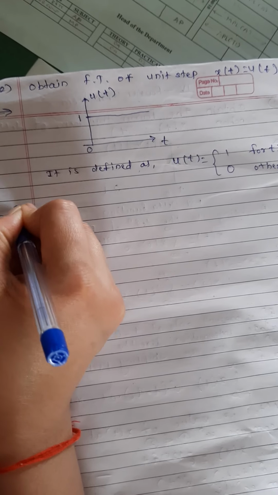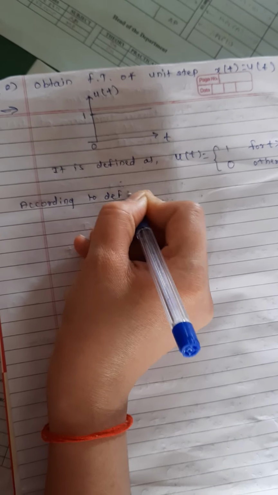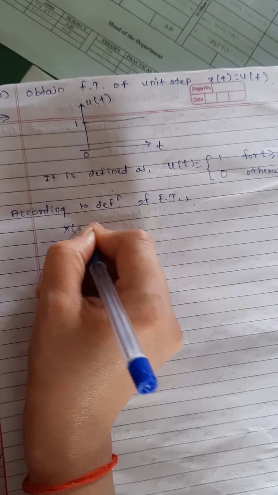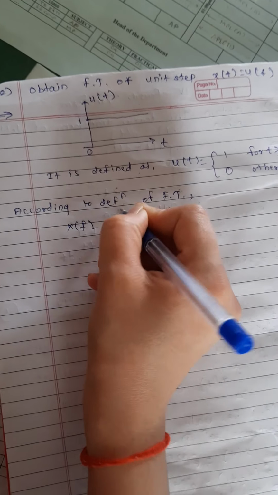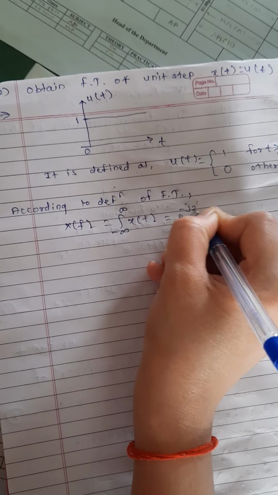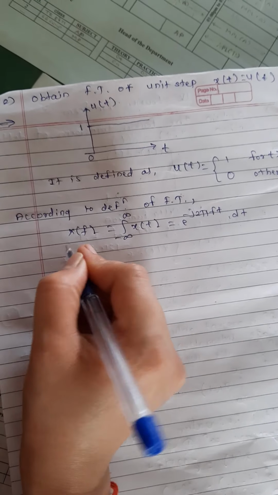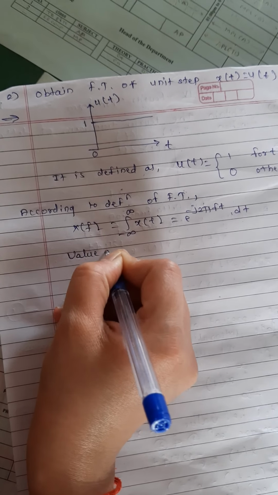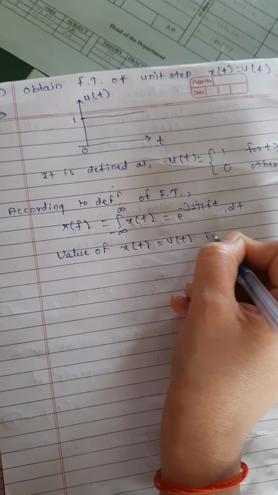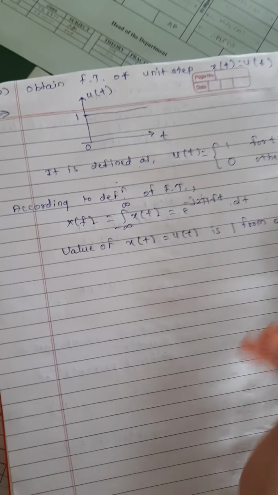So according to the definition of Fourier transform, X of f is equal to integration from minus infinity to infinity of x of t e raised to minus j 2 pi f t dt. So the value of x of t, u of t, is 1 from 0 to infinity.